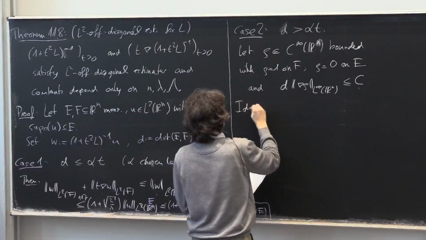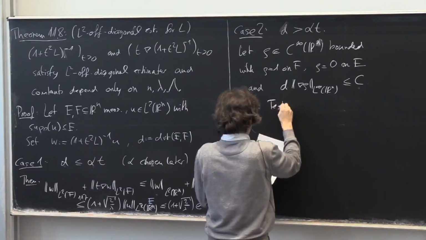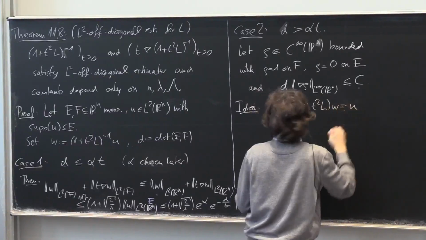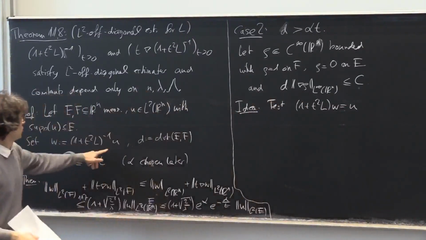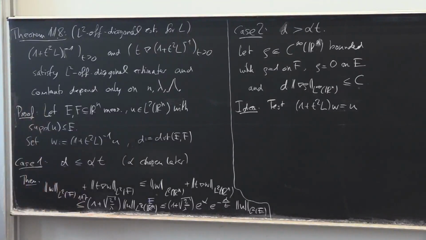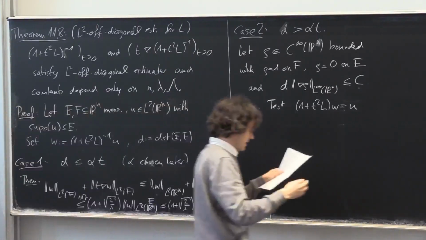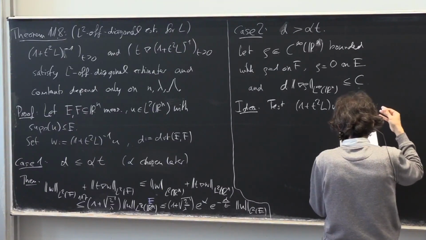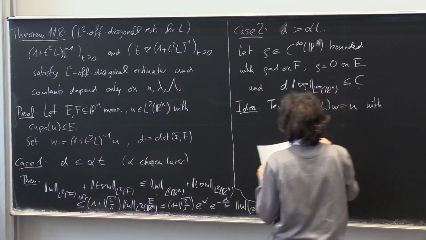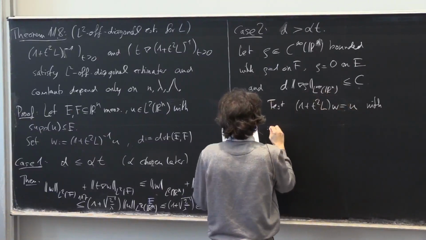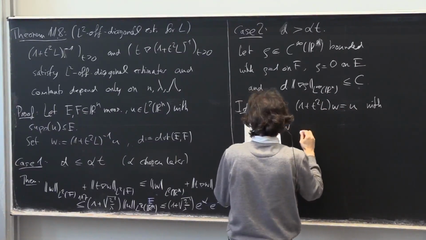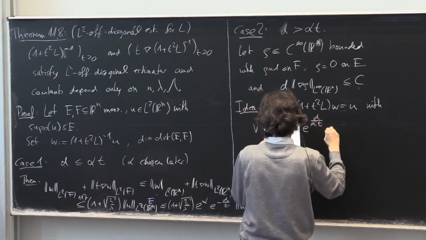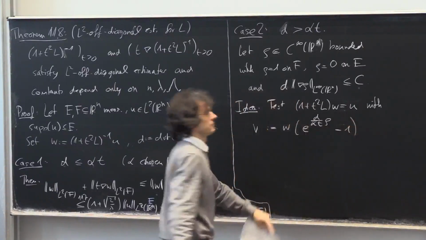Now the idea of the proof is: take the equation 1 plus t squared L applied to W is U. W was the resolvent of U, so if you apply 1 plus t squared L to W, you get U. Take this equation and test it, that is, do a scalar product with the following function V, which is W times e to the d over alpha t times rho minus 1, squared.